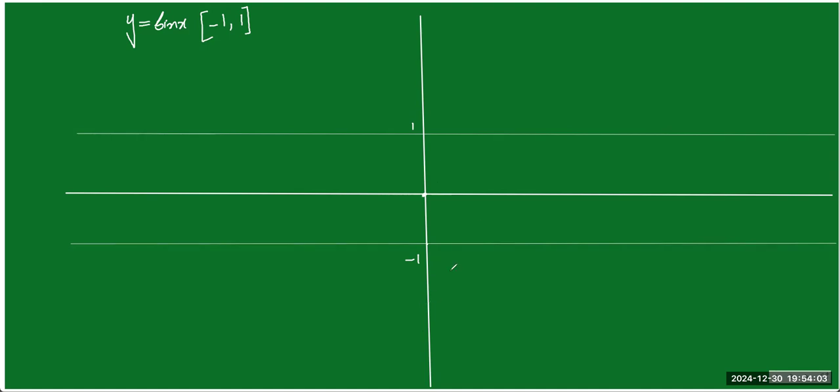Suppose the first quadrant goes up to pi by 2. It is pi by 2, so definitely this part will be minus pi by 2. I am taking one unit in the graph equal to pi by 2. Suppose it is pi, second quadrant. It is definitely minus pi. And then here it is 3 pi by 2, which is nothing but 270 degrees.